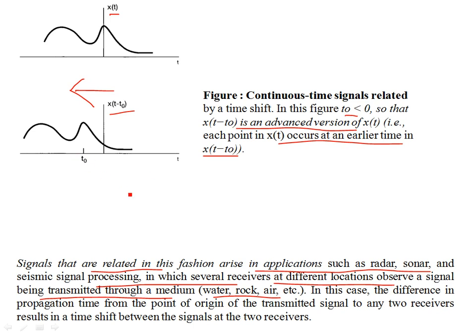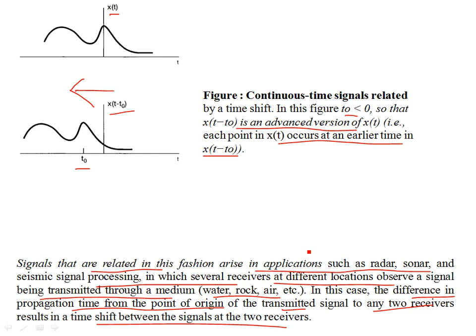Although the shape of the waveform, the frequency content, and the information stay intact, the signals could suffer different delays or be time shifted. The difference in propagation time from the point of origin of the transmission to any two receivers results in a time shift between signals at the two receivers.